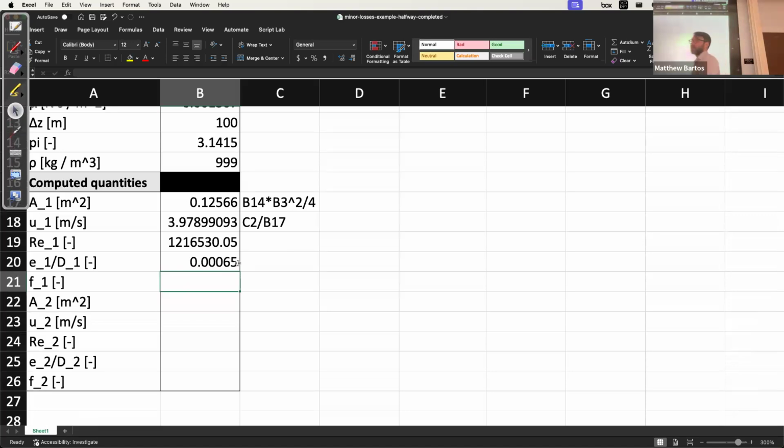For F1, we're going to make our lives a lot easier by using the Swamee-Jain approximation. Let me paste these formulas out to the side.